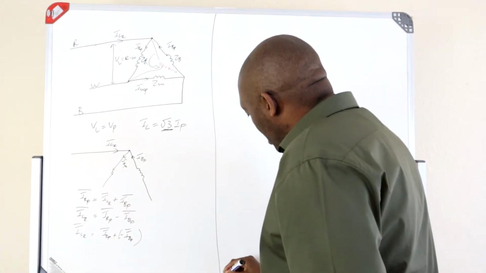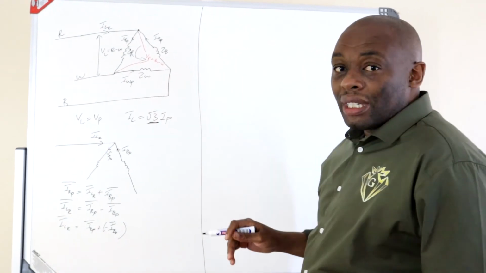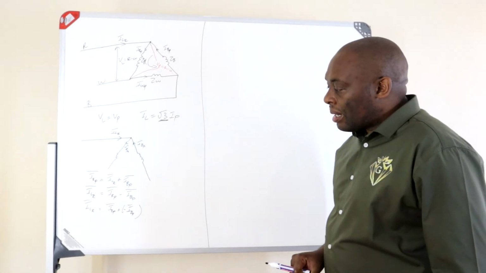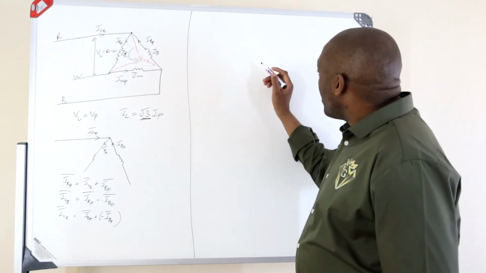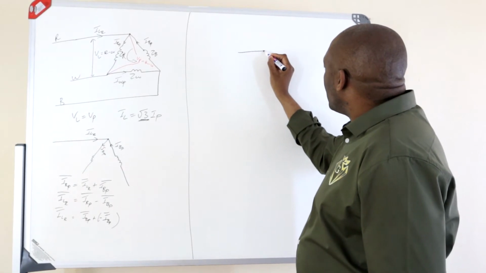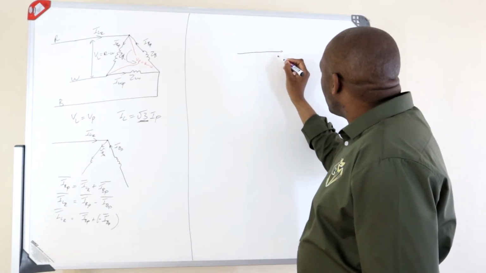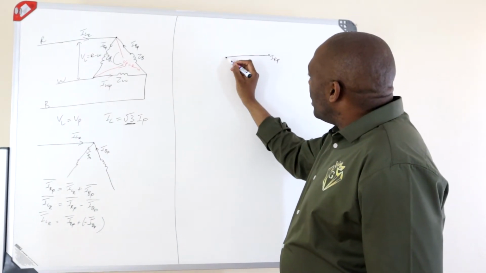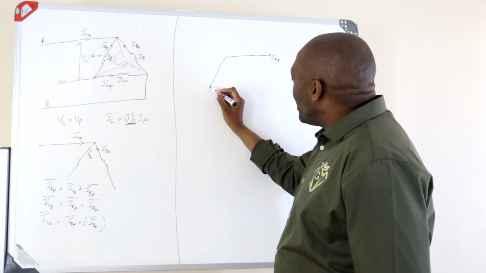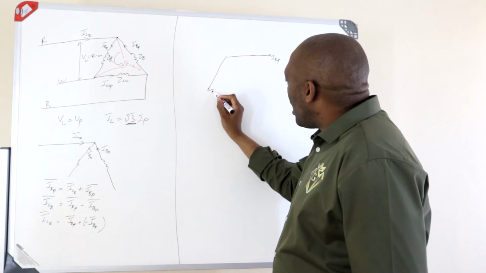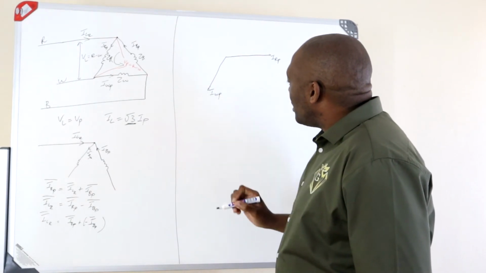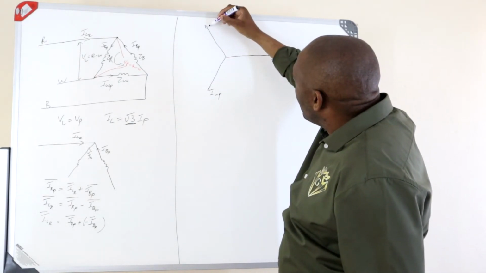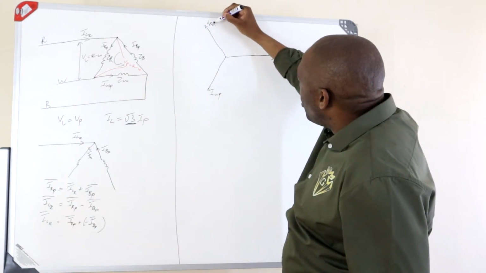Now if we draw the phasor diagram, in the phasor diagram we always take the red phase as the reference. Therefore, the red phase is the reference, I red phase. The current that is lagging is your I white phase, and the current that is leading your red phase is your I blue phase.